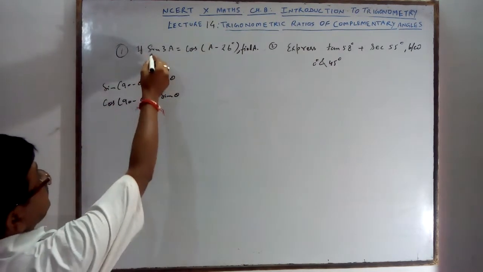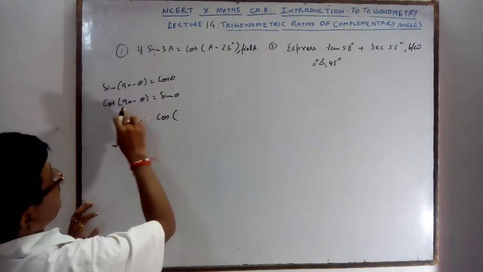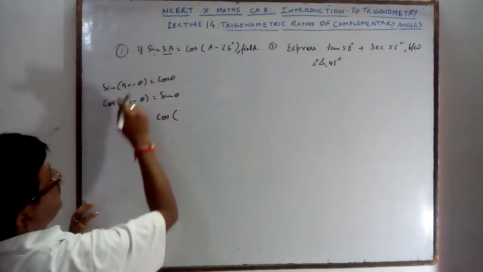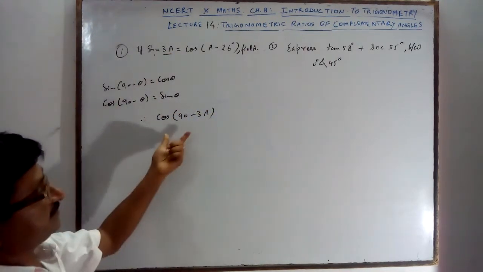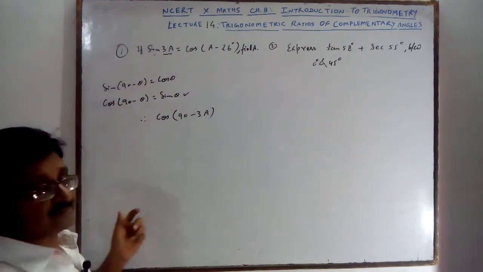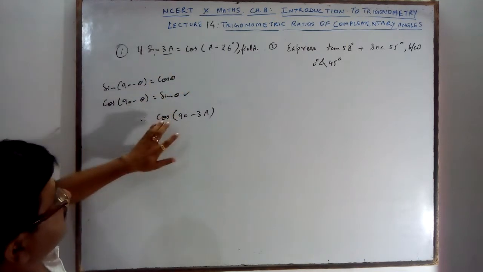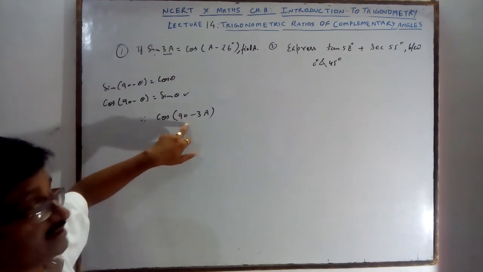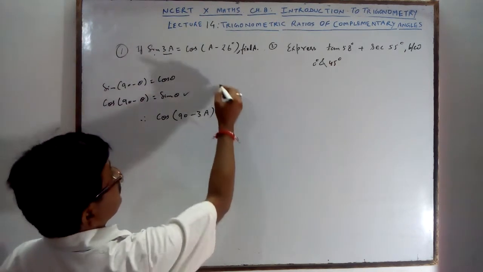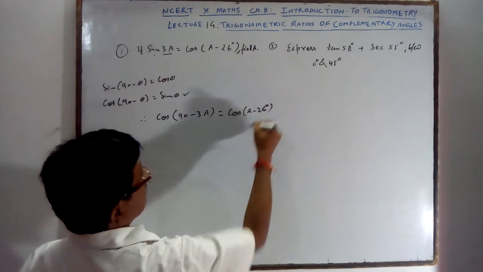So sin 3A becomes cos, and this angle will be subtracted from 90: cos(90 minus 3A) is equal to, on the right side, don't change anything, cos(A minus 26) degrees.